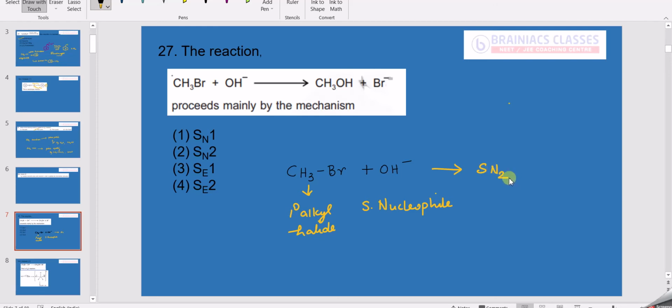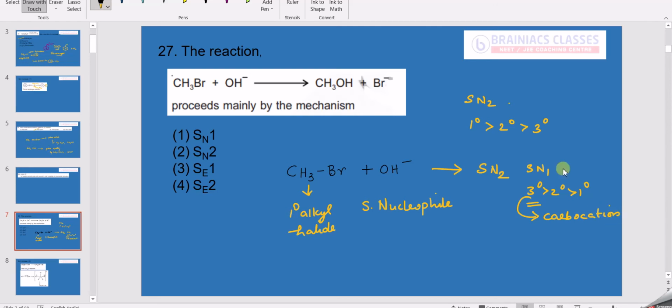Please remember that it is SN2, because we learned that in SN2 mechanism the reactivity is 1 degree greater than 2 degree greater than 3 degree. In SN1 mechanism it is 3 degree greater than 2 degree greater than 1 degree, because here we have two steps and SN1 happens through carbocation.